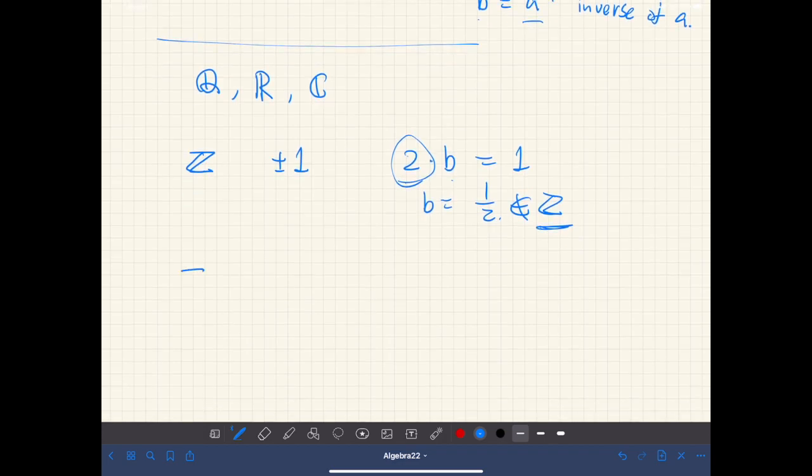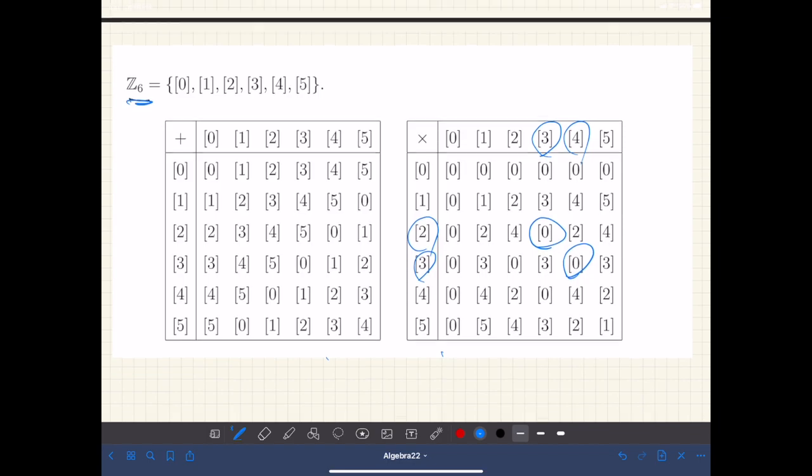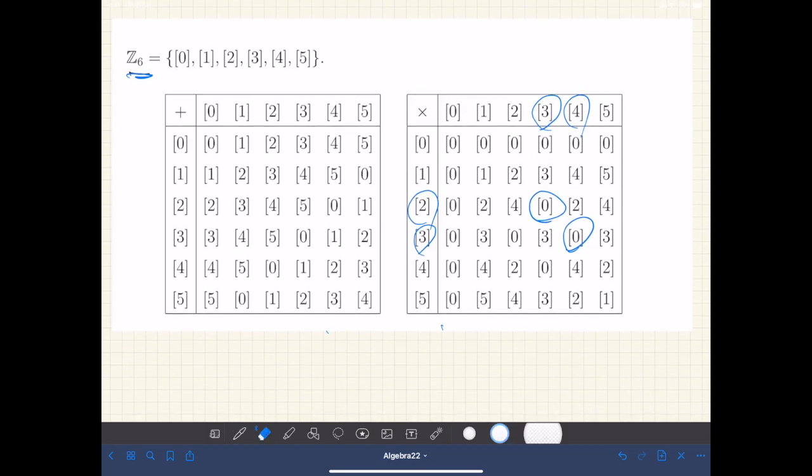And the ring Z6 has 2 invertible elements, that is 1 and 5. So these are invertible. This can be seen from this table of multiplication.